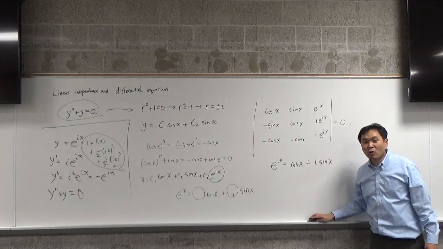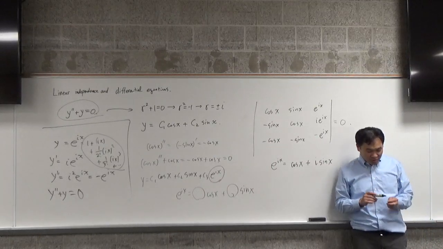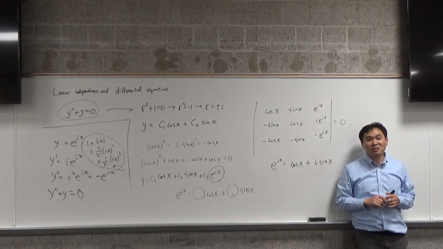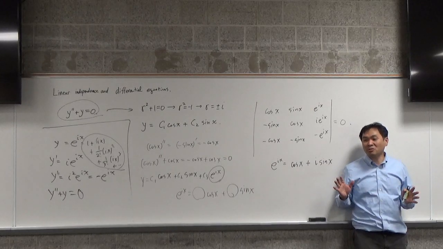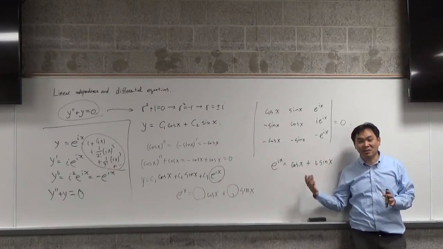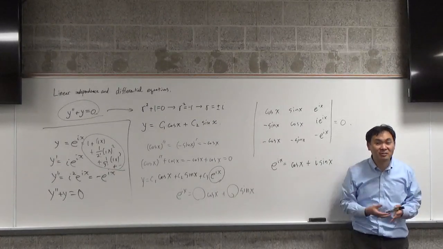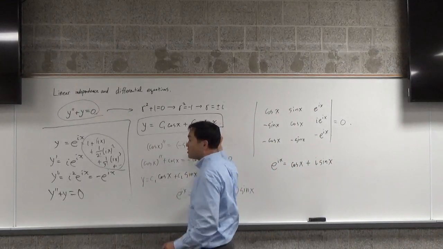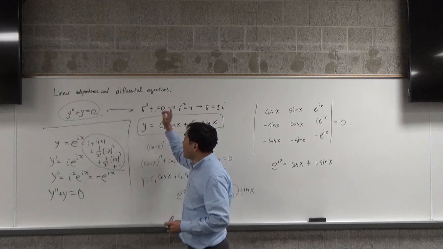So hopefully this example could motivate you in thinking about why we would want an abstract vector space and still talk about linear independence, span, and all that, right? So when we say this is true, here's what we're saying.